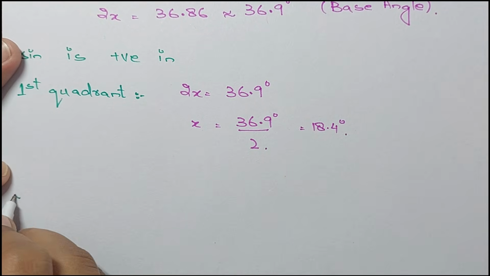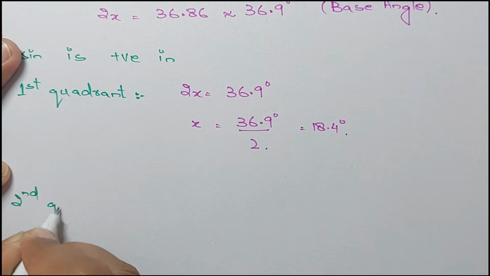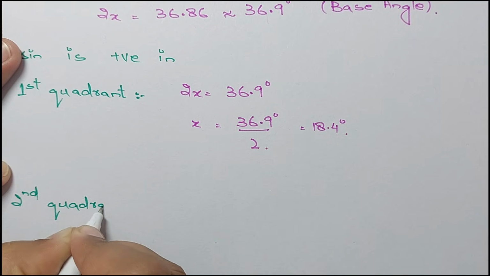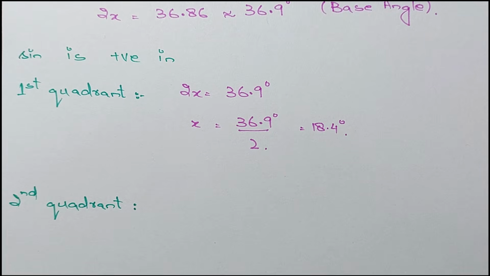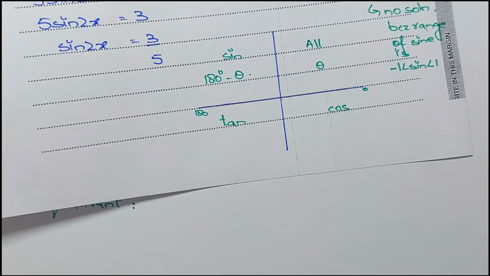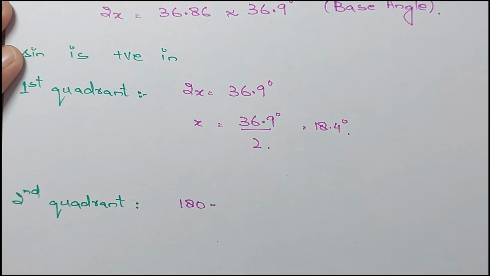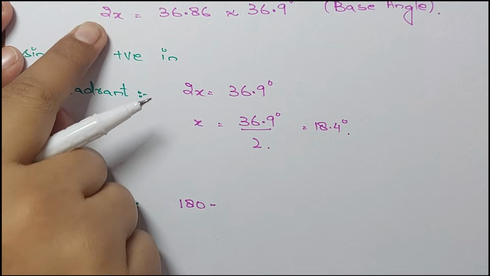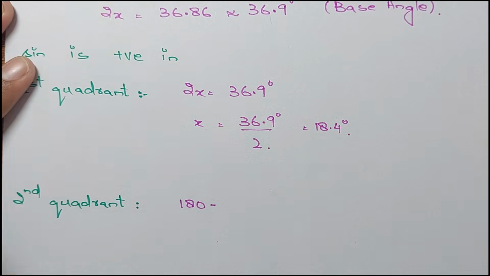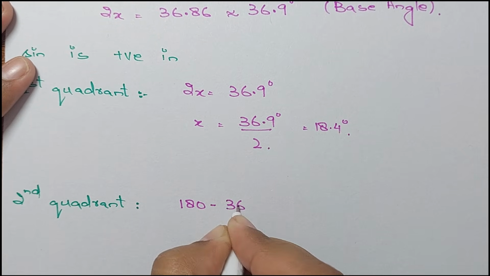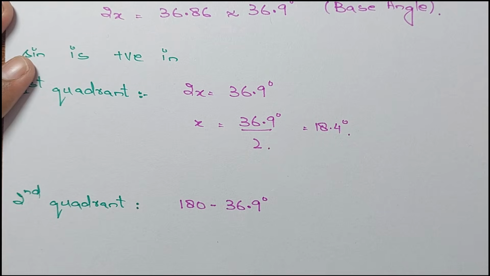Sine is also positive in the second quadrant. What is the operation for the second quadrant? We do 180 degrees minus the base angle. The base angle is 2x, which is 36.9 degrees.